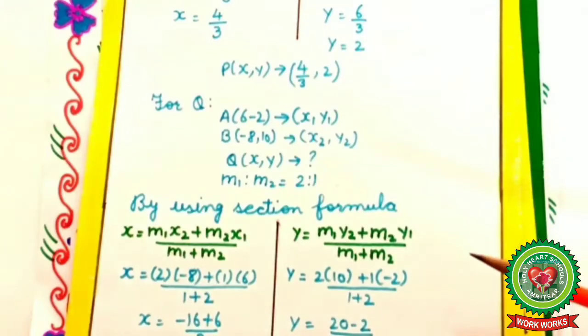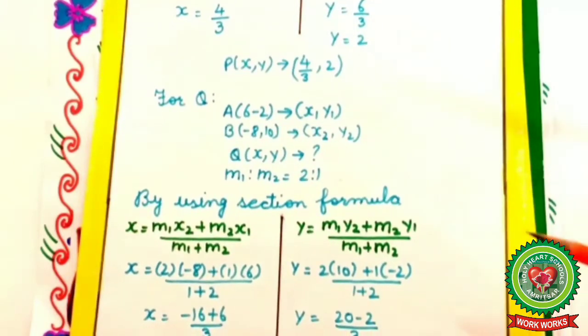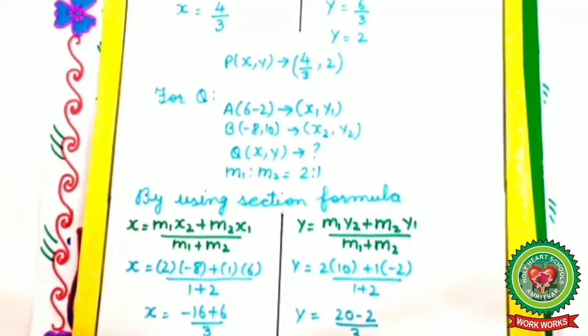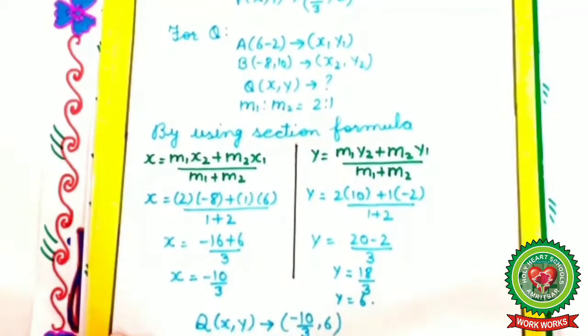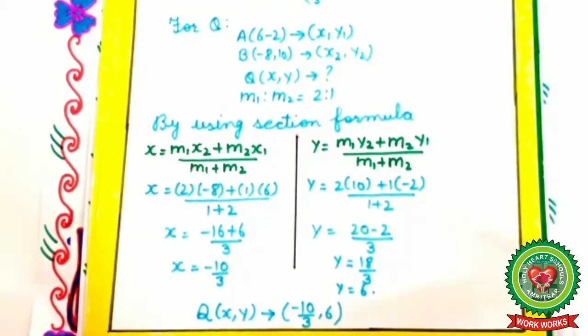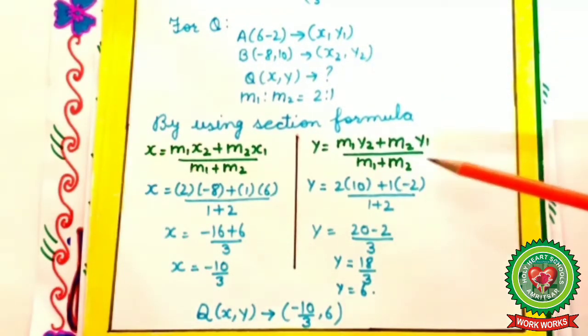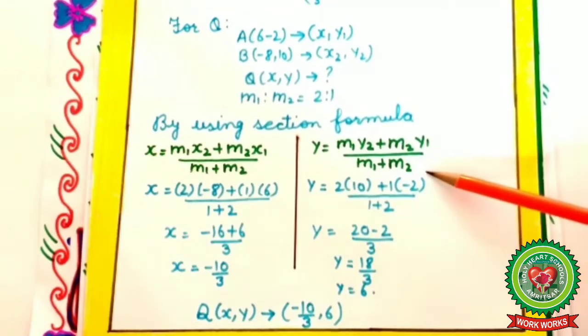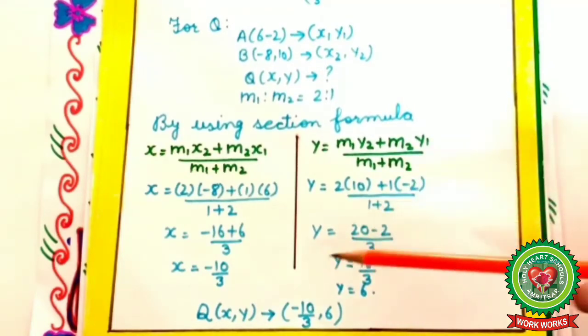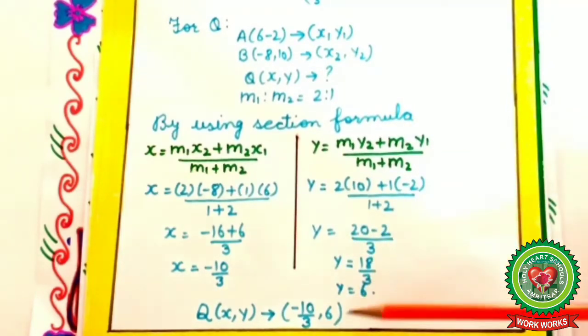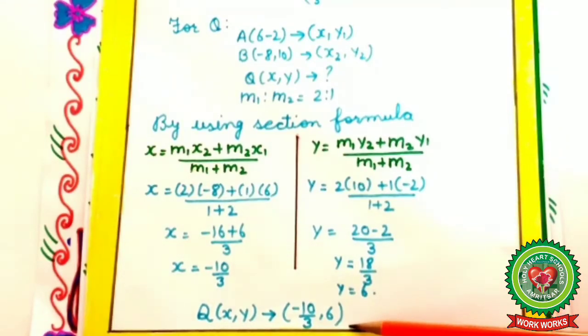Now by using the section formula, x equals (m1x2 + m2x1) upon (m1 + m2) and y equals (m1y2 + m2y1) upon (m1 + m2). After filling in the values, the coordinates of Q are (-10/3, 6). This is the third type of section formula.